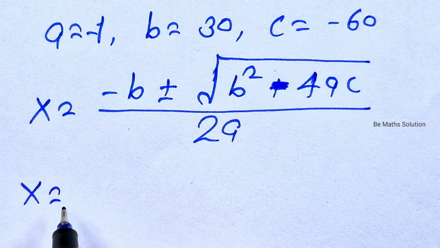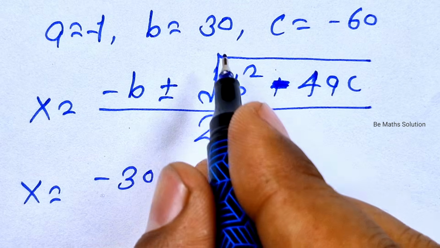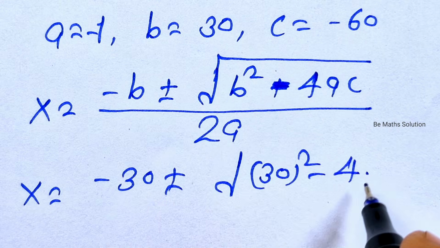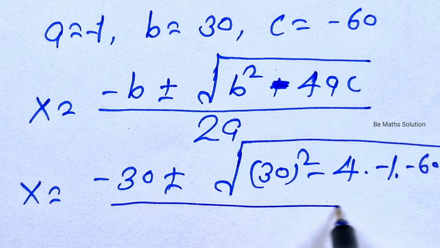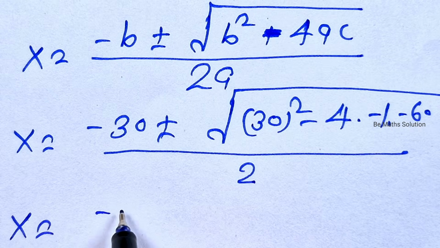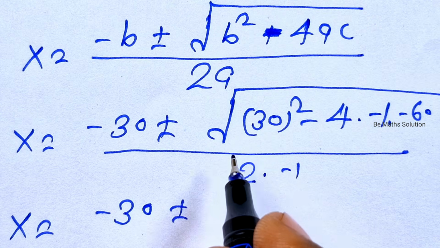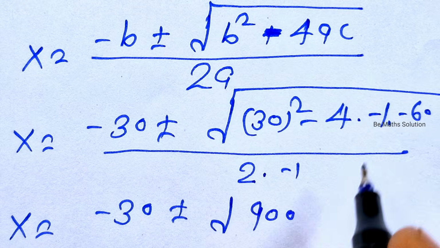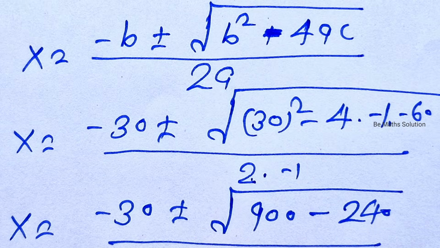It will be x is equal to minus b, it is minus 30, plus minus square root b squared, it is 30 squared, minus 4 into a, it is minus 1, into c, it is minus 60, over 2 into minus 1, it is minus 2. Then square root 30 squared, it is 900, minus into minus is plus, then minus 4 into 60.